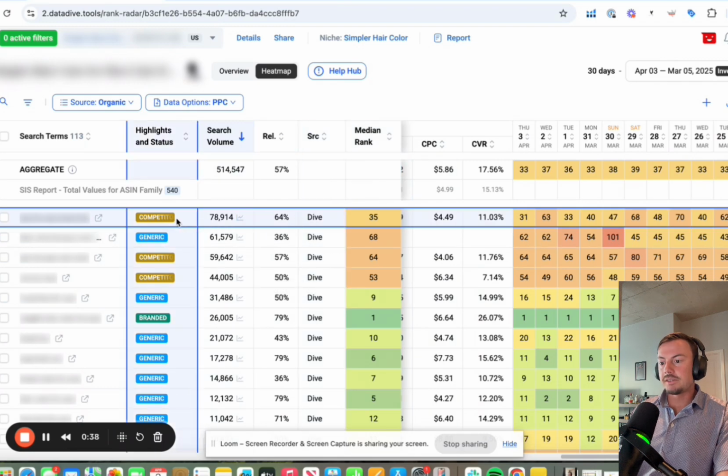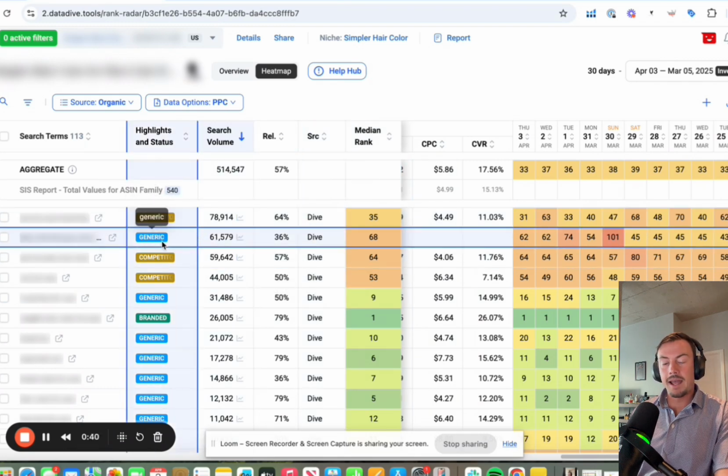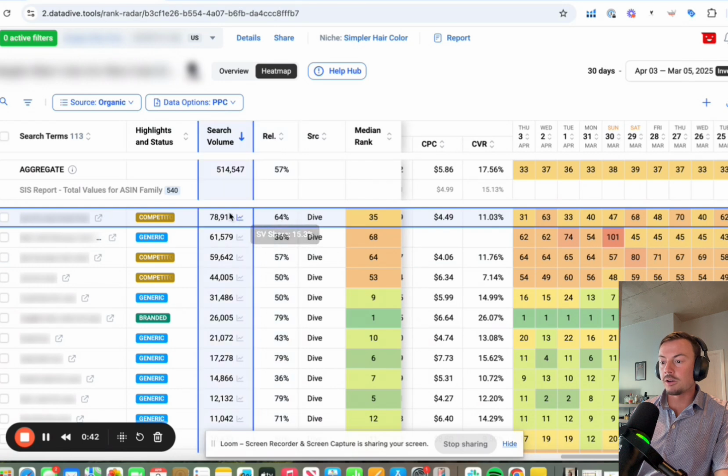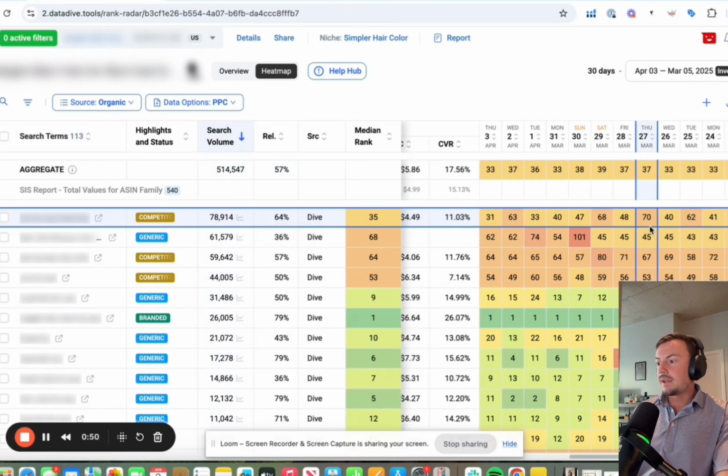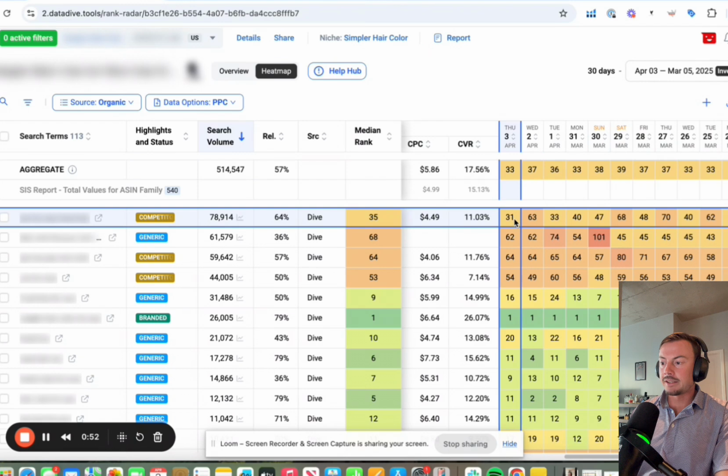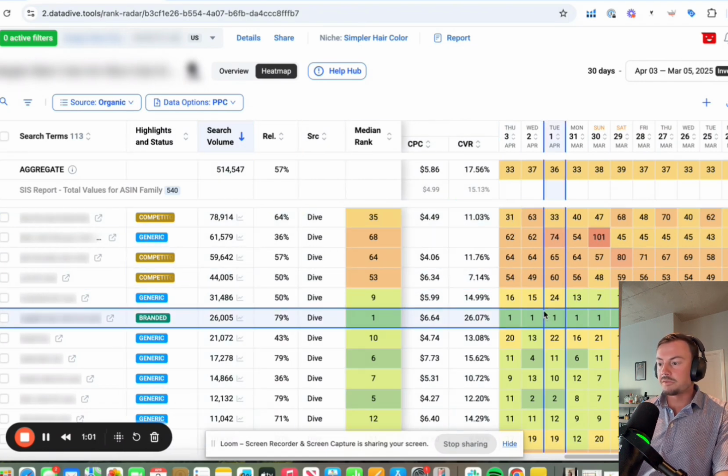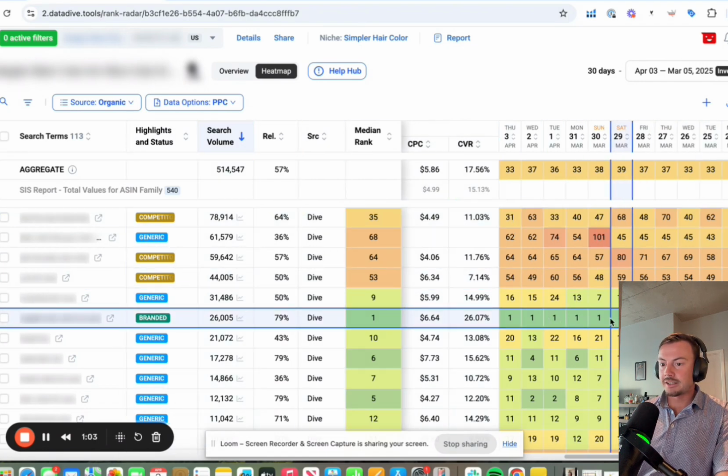Now, this situation is a little bit unique because there's one massive competitor in this niche, and we are running ads against them. As you can see, they have a monthly search volume of 78,000 searches per month, so they're pretty big. And we're trying to organically rank right behind them on the page. So we're organically ranking number 31 right now, and we're trying to get it up to 15. For our own branded terms, obviously we've been ranking number 1.